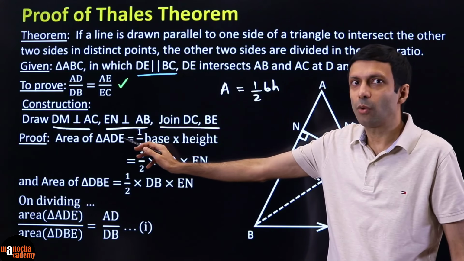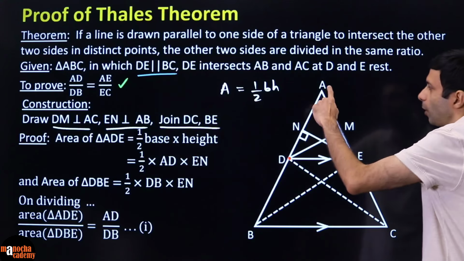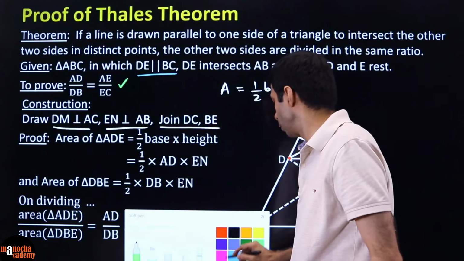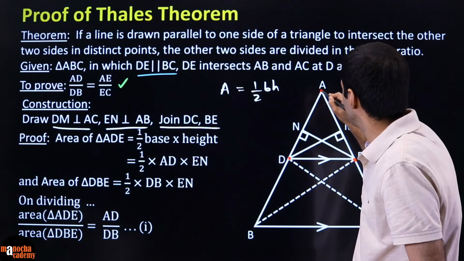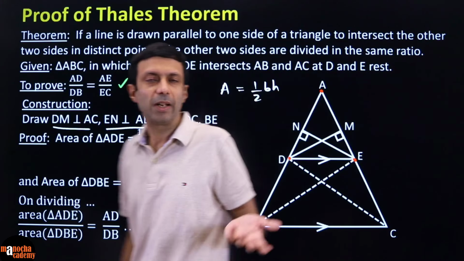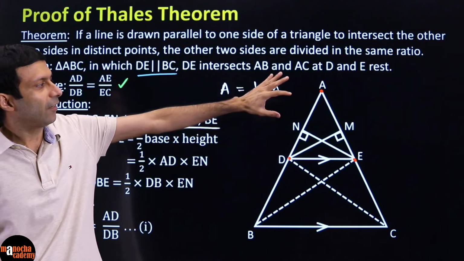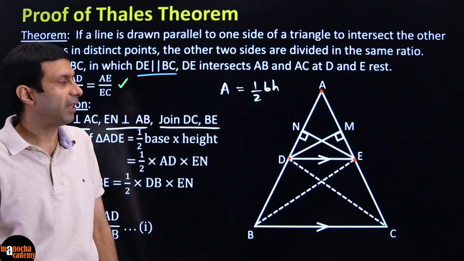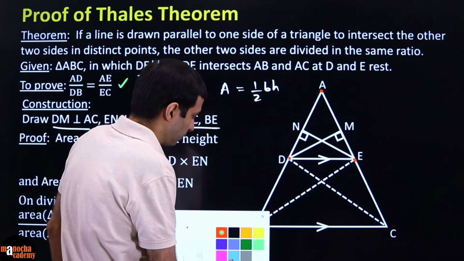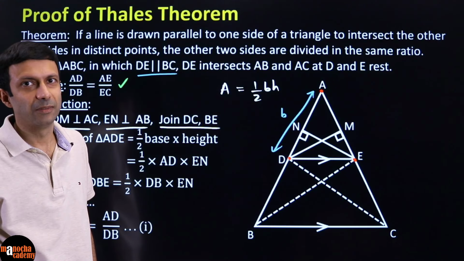Okay, so now what are we going to do? We are going to start off by using the area of this top triangle ADE. I want everybody to focus on this triangle on top, triangle ADE. What is the area of triangle formula? You guys know it is half base into height. Now if you are looking at triangle ADE, what will be the area? Half base into height. If AD is my base, what is the height here?